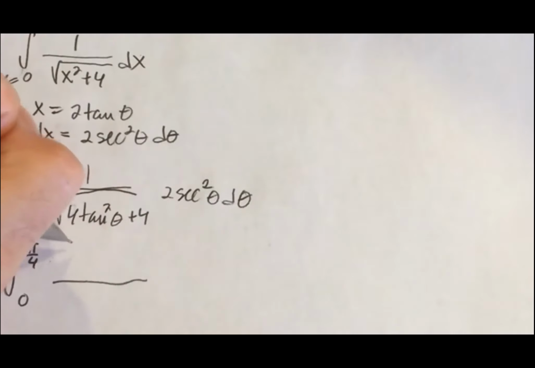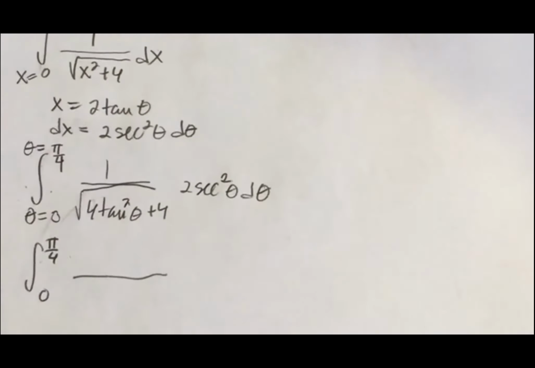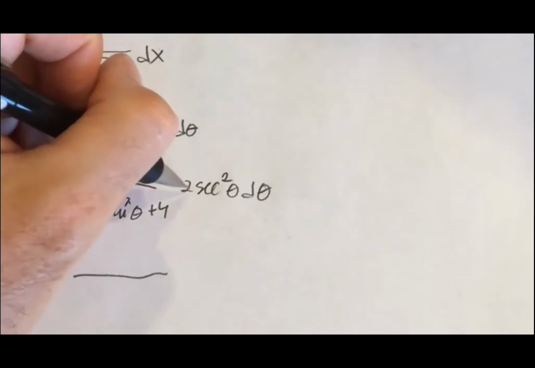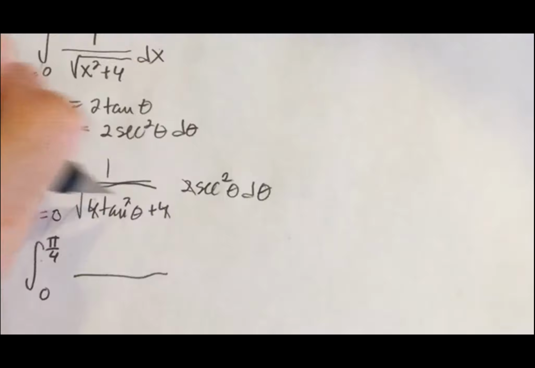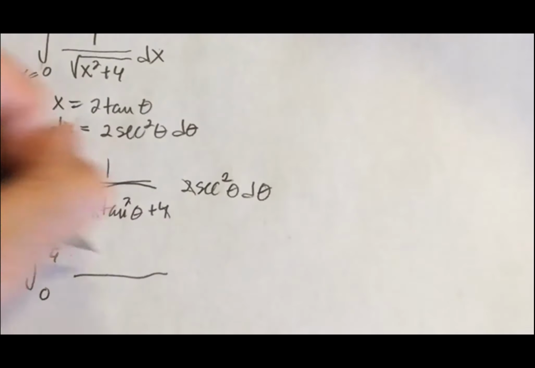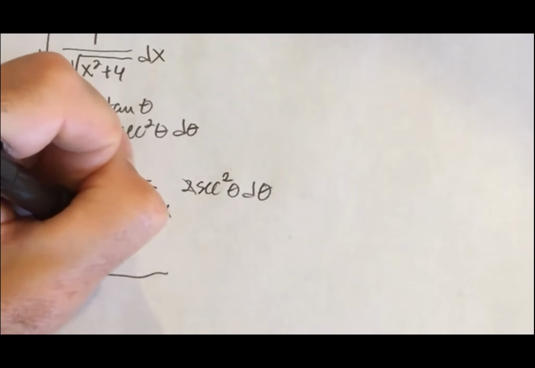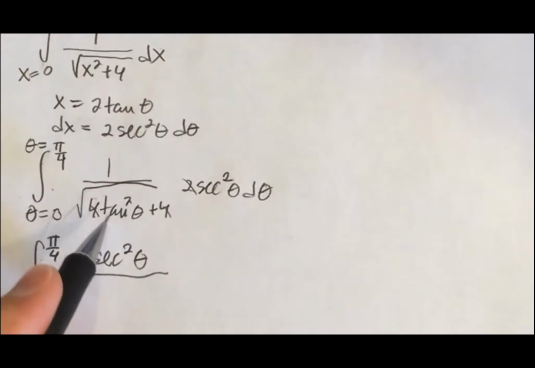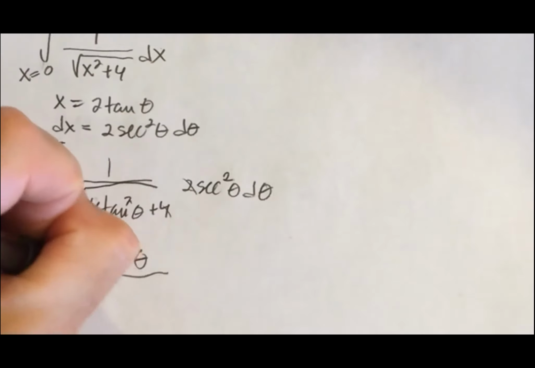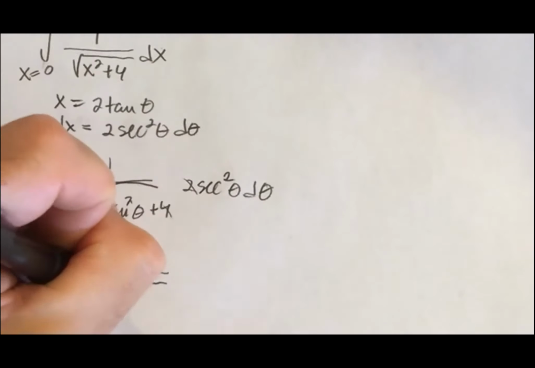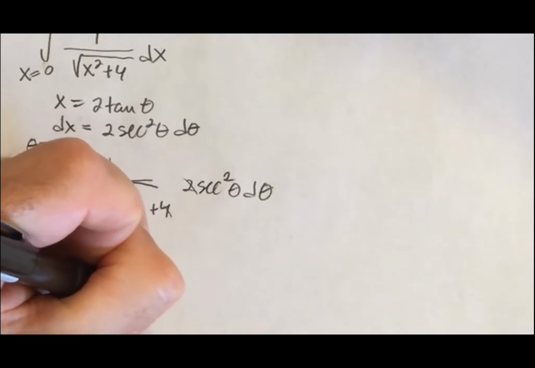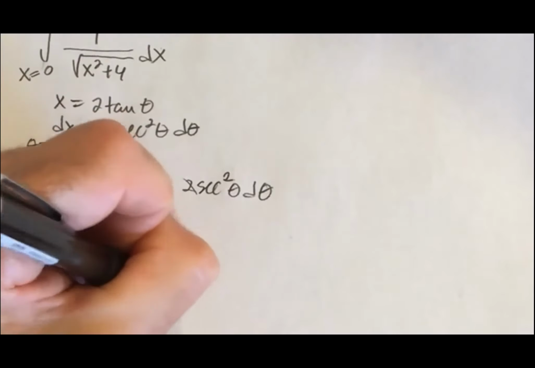In the bottom, we're going to have a 4, factor out this 4, take the square root, get a 2, cancel it with this 2. Everybody okay with that? Yep. So in the top, I've got a secant squared, and in the bottom, I've got the square root of tan squared plus 1. So what's that? Secant squared.